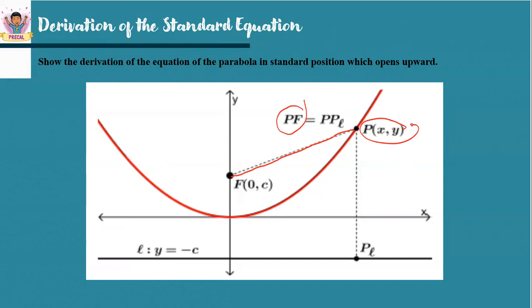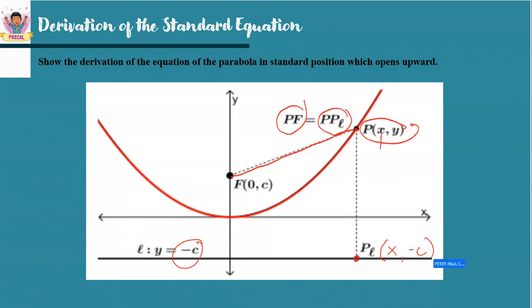The line segment from point P going to a point on the directrix is represented by P sub L. In this case, it will get the abscissa, which is x, and the ordinate negative c.